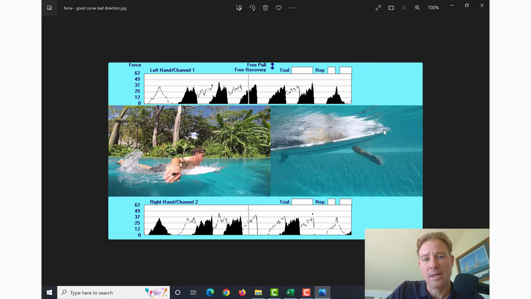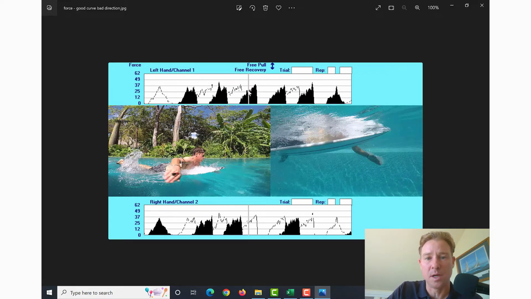Here's one where, if you were just to look at the curve itself, you see that it builds up to a peak in the back and then it drops off. But this is the value of matching the video with the data. When we look at the video, look at the arm orientation in the video compared to where I've paused it.